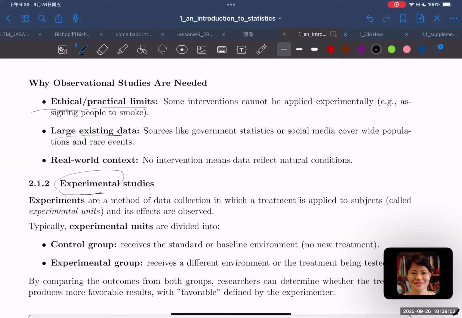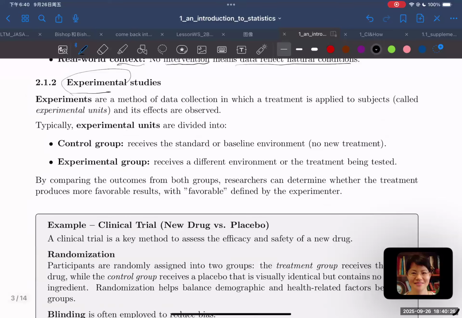Sometimes 72 seems like a small size, but it is hard for doctors to collect those samples. So they rely on the statistician: can you design special methods that make up for the small sample size? So an observational study can help. And in the real world context here, no intervention means data reflect natural conditions, but it may go beyond what you plan to explore. So next, we go to the experimental study.